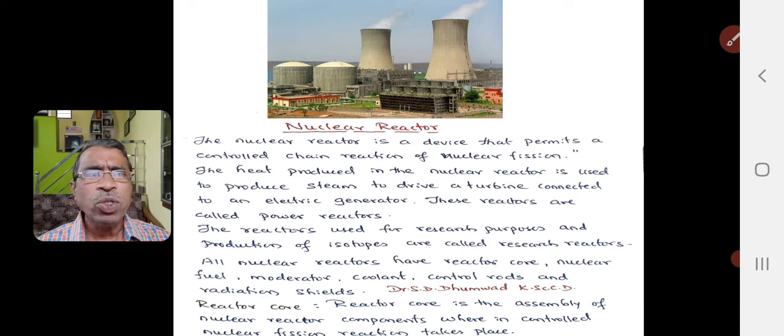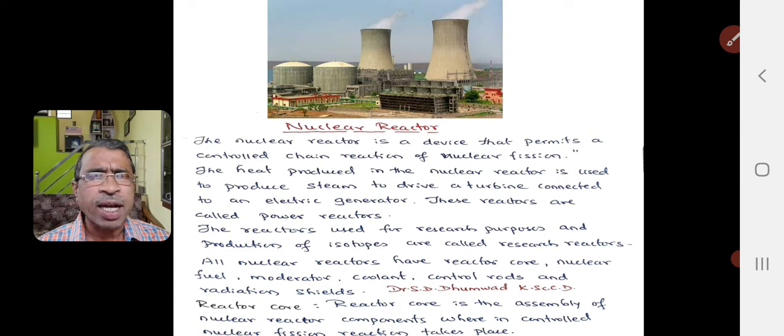The heat produced in the nuclear reactor is used to produce steam to drive a turbine connected to an electric generator. These reactors are called power reactors. The reactors used for research purposes and production of isotopes are called research reactors.